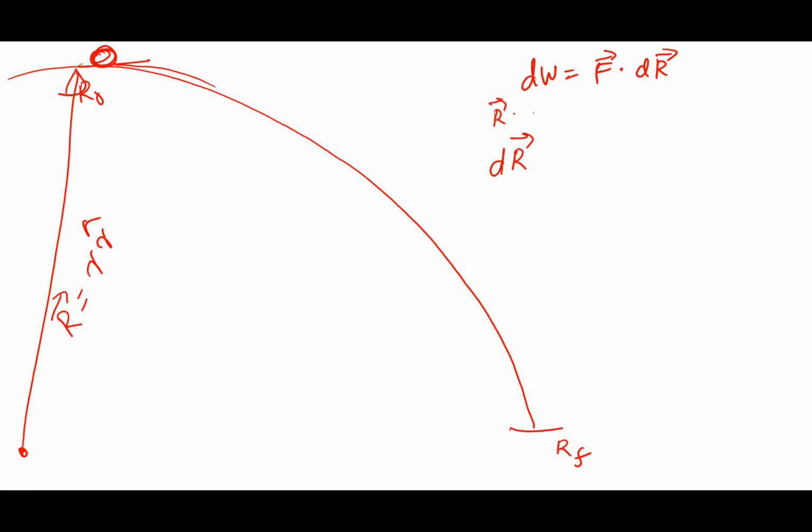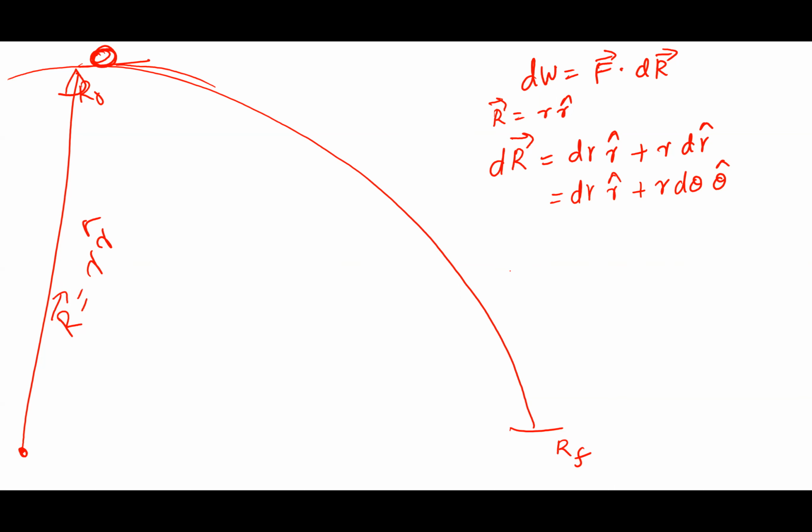Dr is dR times R hat plus R d theta hat. I hope you remember this. I hope you have not forgotten it. We just simply remove the dt underneath.